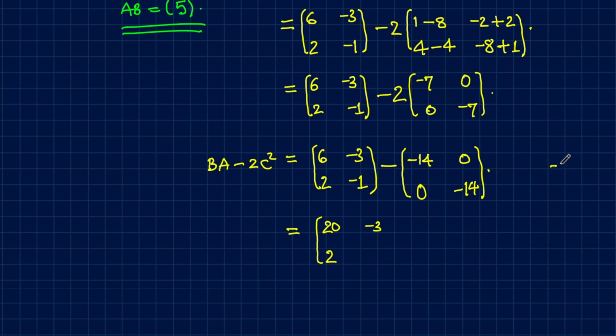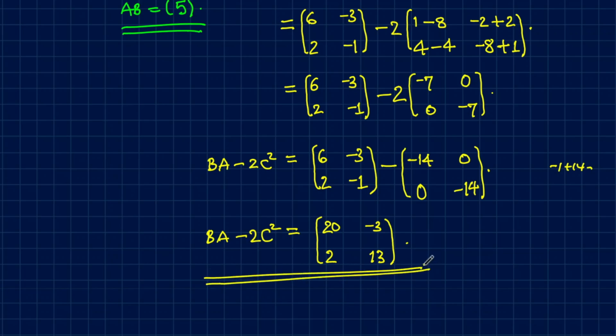So we have something like negative 1 plus 14, and this will reduce itself by 1 to 13, but positive. So here we have positive 13 and we close it over, so that it gives us the result of this simplification. If we have matrix B multiplied by A and we subtract away twice matrix C squared, that is the answer for this part of this question B, Roman number 2.